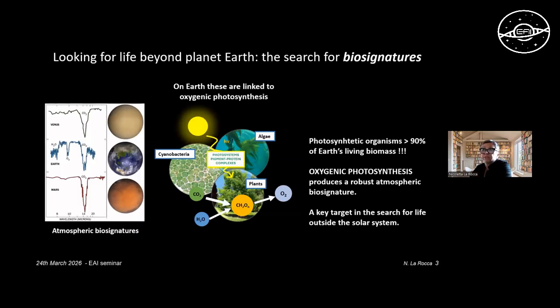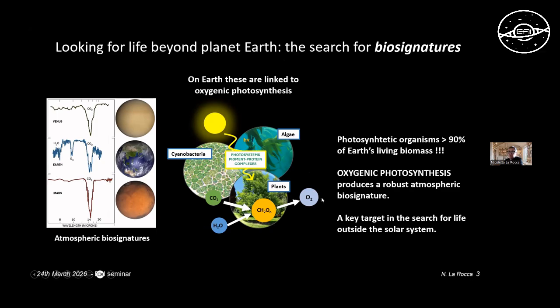And oxygenic photosynthesis is due to the activity of photosynthetic organisms, bacteria, algae, and plants, that are able to convert CO2 and water to carbohydrates, and so into biomass that is present in all the photosynthetic organisms, and release oxygen into our atmosphere in huge amounts.